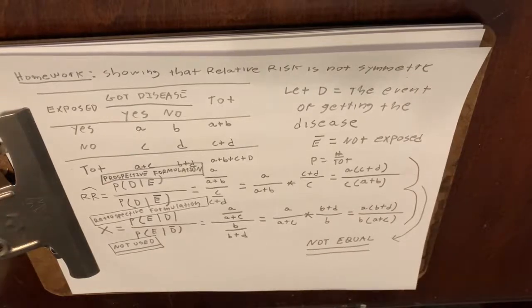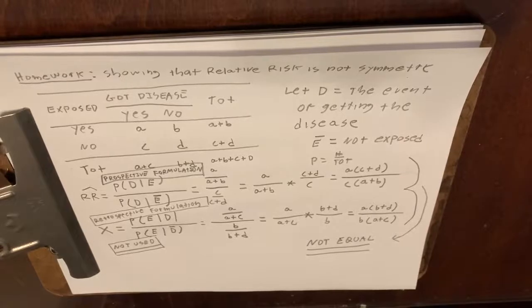And when we use probability as our measure of likelihood, we see that those two expressions are not equal. When we did that with the odds instead of probability, we saw those two expressions were in fact equal. So the odds ratio is a symmetric measure of association. But relative risk does not have this symmetry.